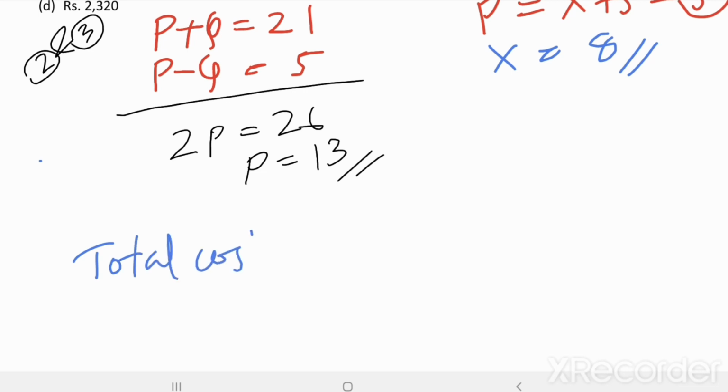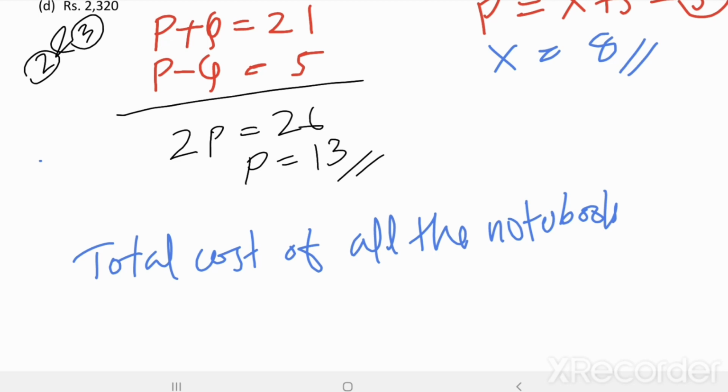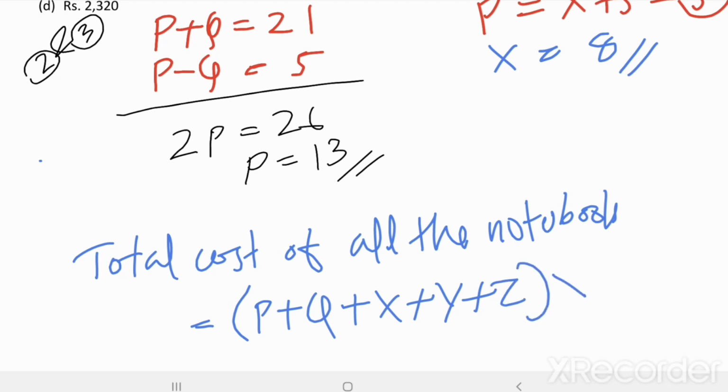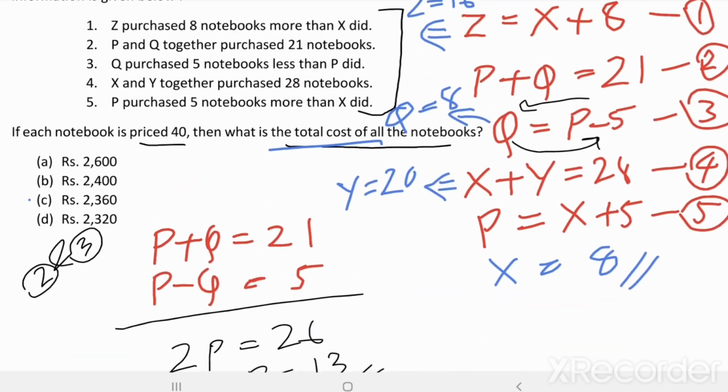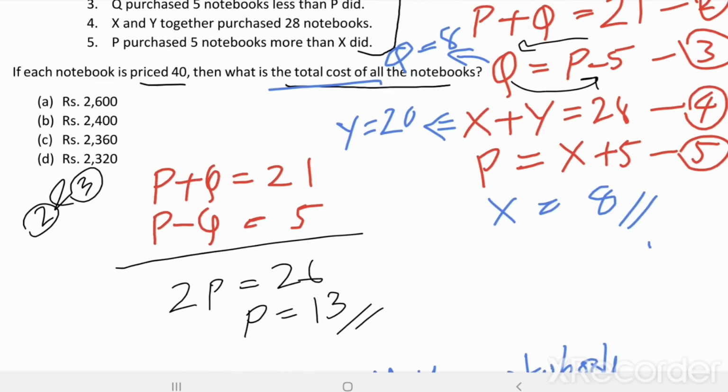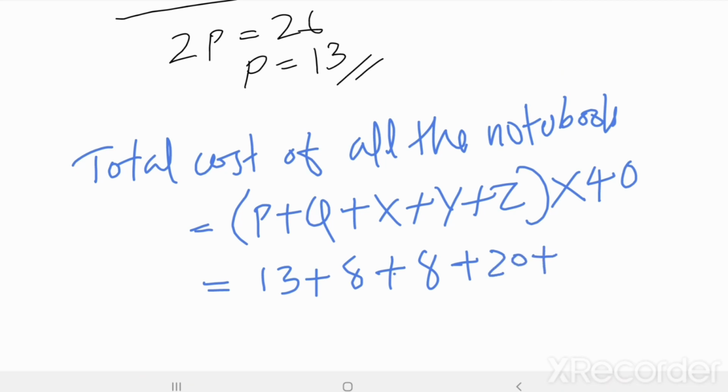Total cost of all the notebooks equal to total number of notebooks, P plus Q plus X plus Y plus Z, into 40, since each notebook costs 40. Here P equal to 13, Q equal to 8, X equal to 8, Y equal to 20 and Z equal to 16.